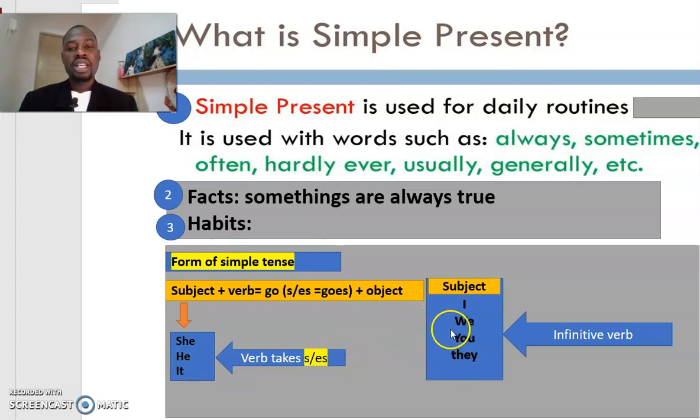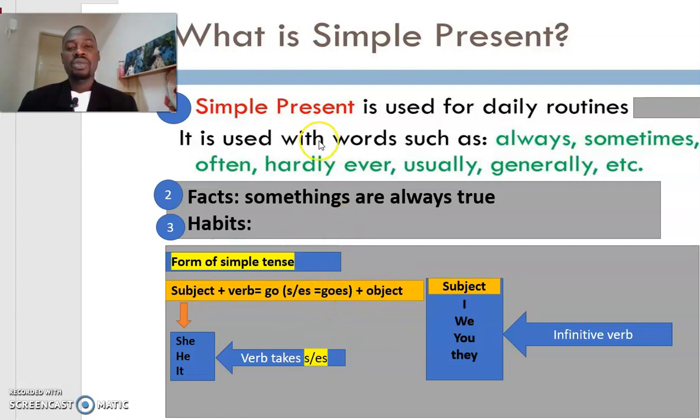And these subjects take infinitive verbs: we, you, they. These are the plural subjects, and I is singular. So this is the way the present simple tense is structured.